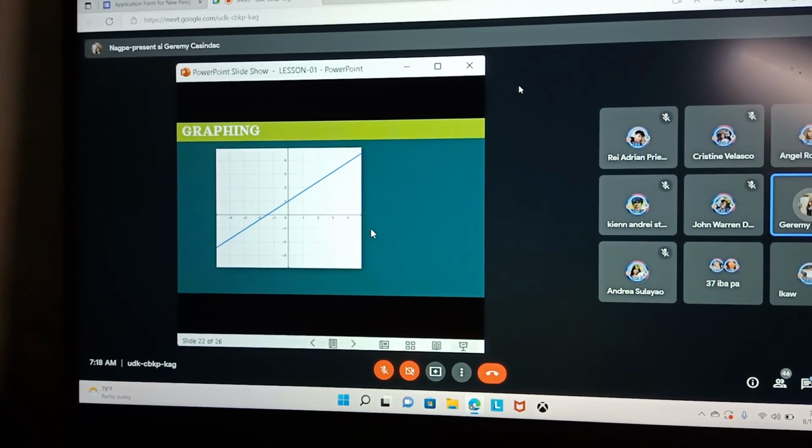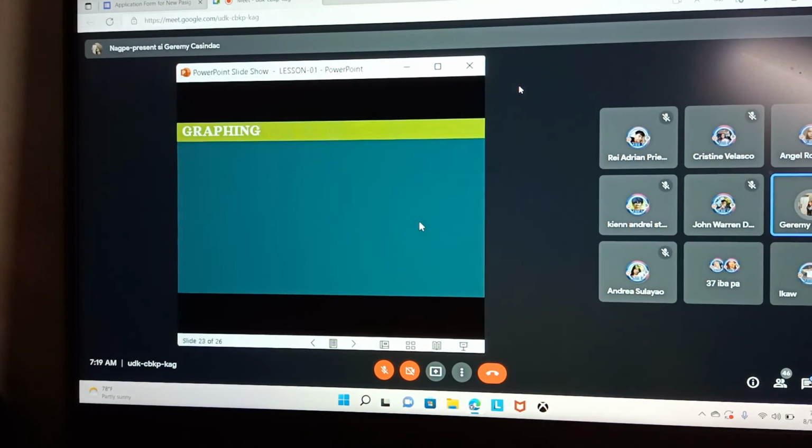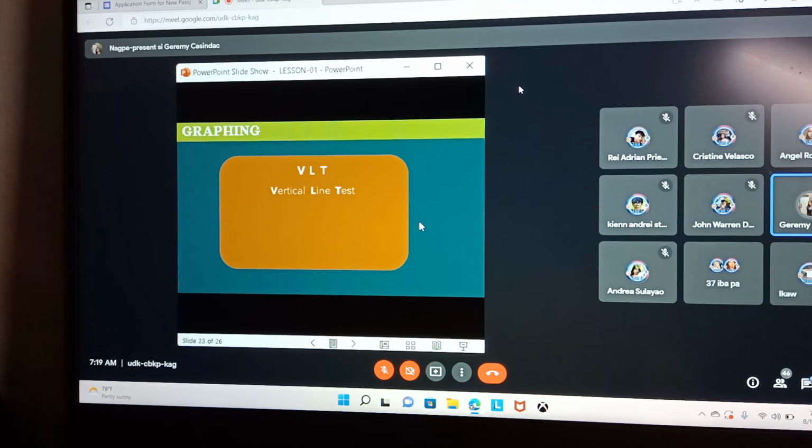So, for you to identify if the given example in a graph is a function or not, you use what you call the VLT, which stands for vertical line test.